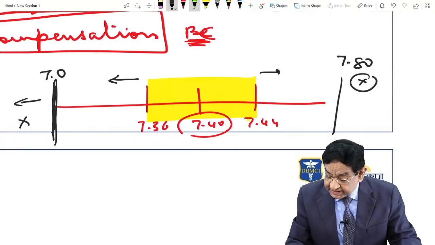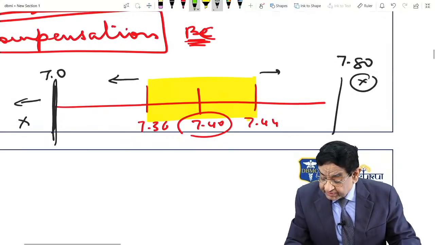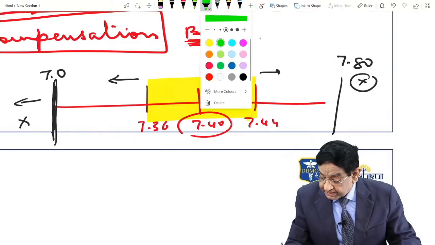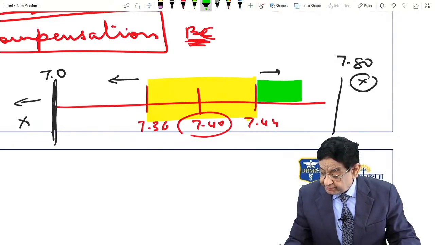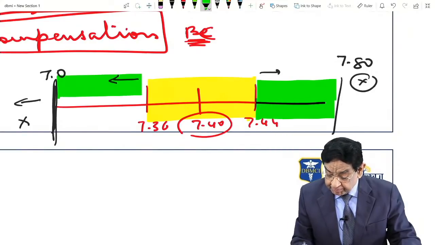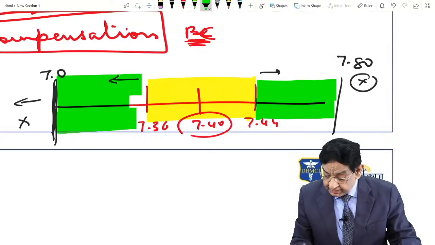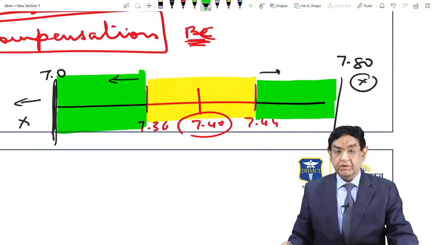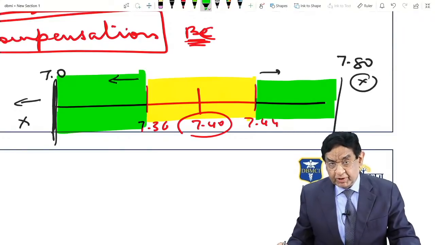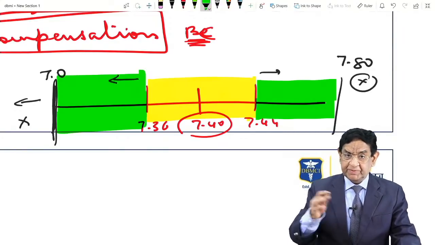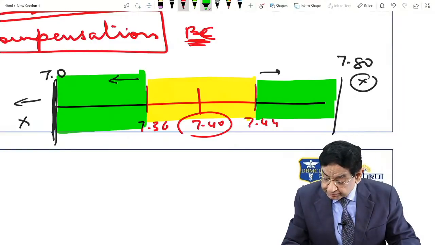Or I can say that if it is in the range, the green color I am showing here, life is possible, but the body needs to bring back the pH to normal. The body has made certain mechanisms by which pH is brought back to normal.